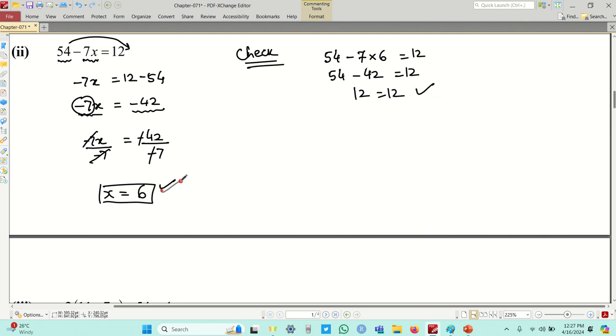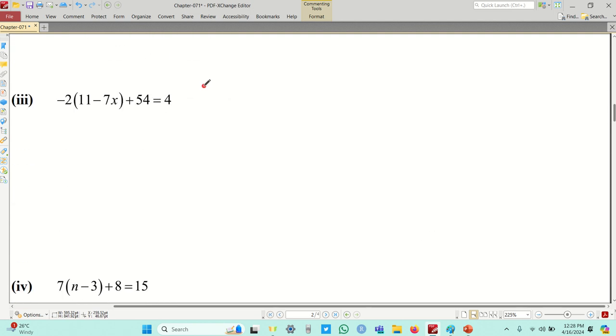Equal means our solution is correct. This is the correct answer. So this is only for you to check. It is not necessary to write this in your notebook. We only need to find the solution.